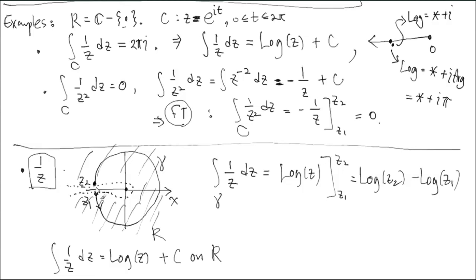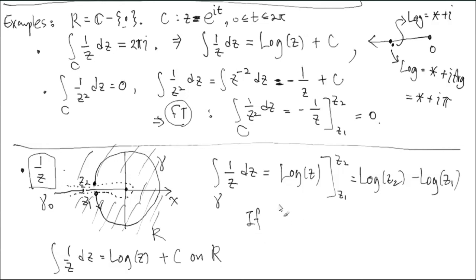As this missing part gets shorter and shorter, you have to show that the integration over it is negligible, which is not trivial at all. You have to do some calculation. But if that's so, then the limit will correctly predict this value, right? I'm going to call that slit right there gamma 0. So here's a statement.